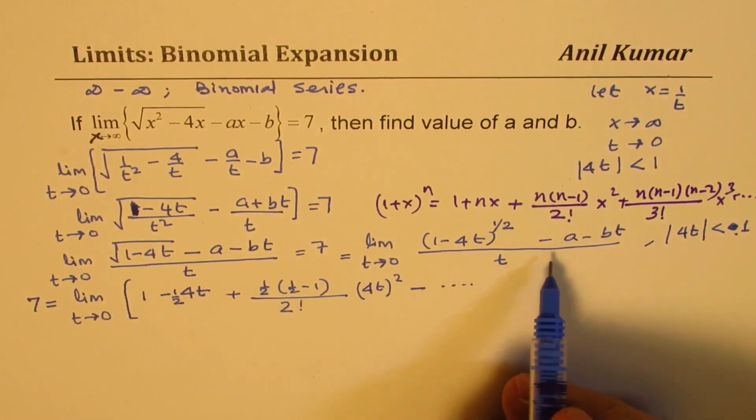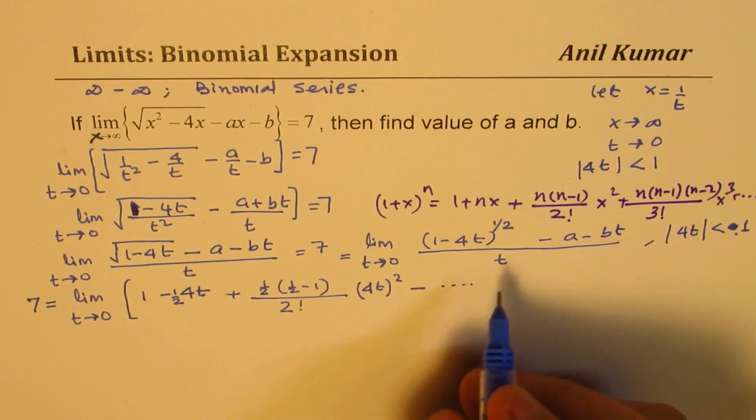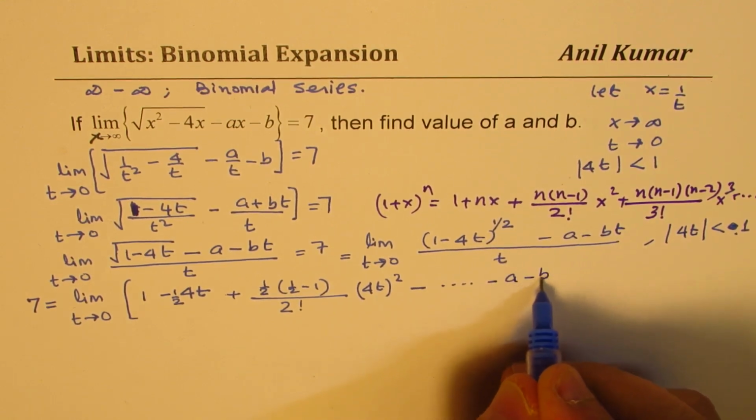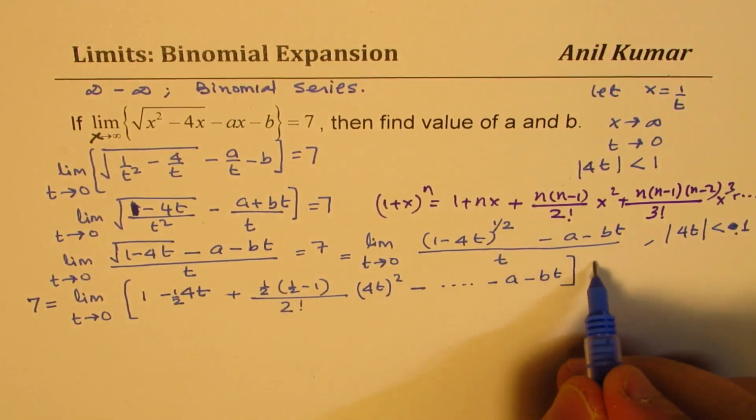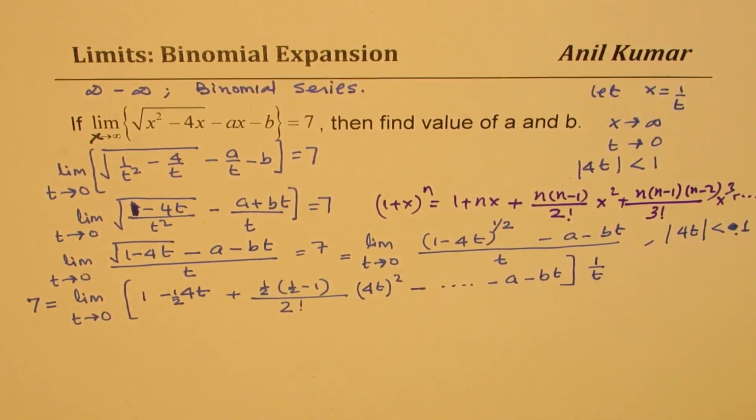Okay, and then we have this term here, minus a minus bt. So we have minus a minus bt, correct? And all this is multiplied by 1 over t, correct? So that is what you have.